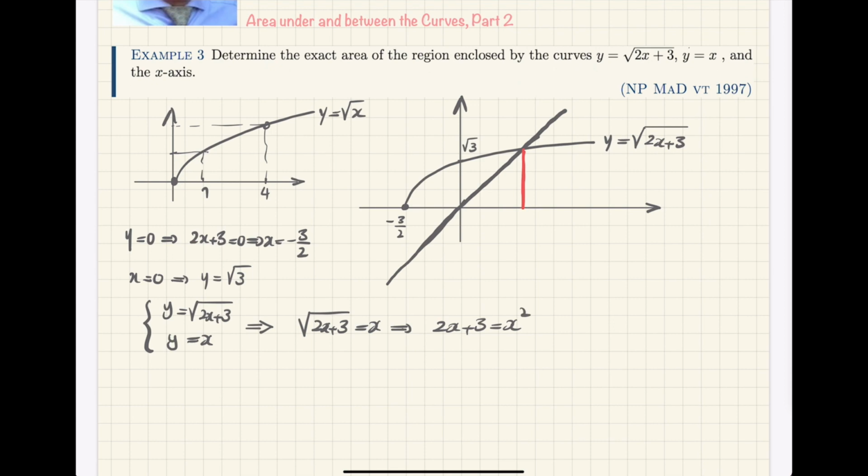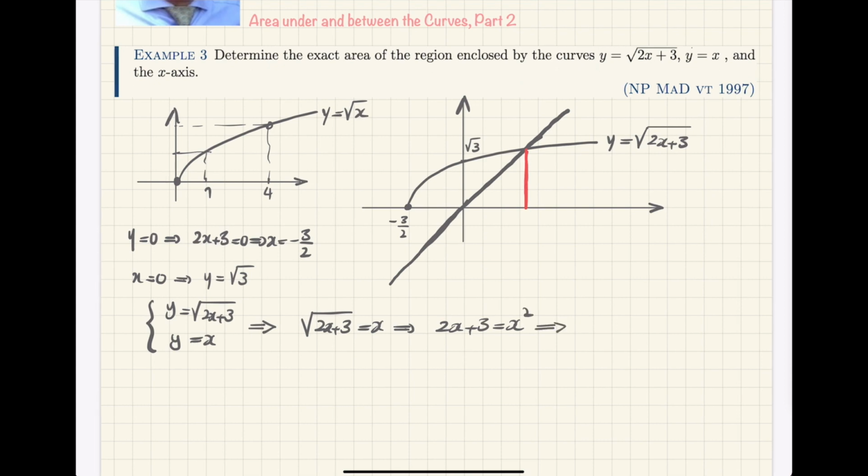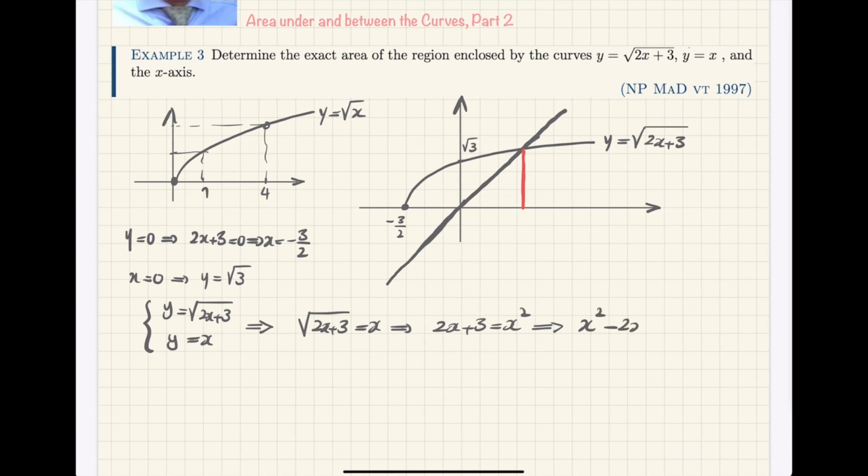Be careful, you are solving a root equation. You might get a false root at the end. So then let me write x squared minus 2x minus 3 equals 0, moving them to the right, and this is exactly the same problem. I need two numbers whose sum is minus 2 and the product is minus 3, so it is minus 3 and positive 1. Equals 0, I get two answers, x equals 3 and x equals minus 1.